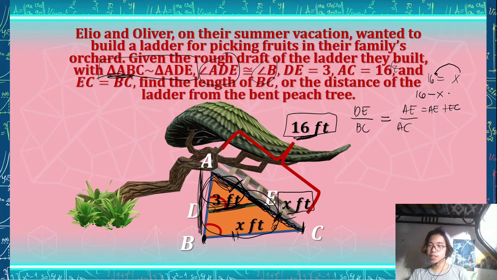That should give us 16 minus X for the value of AE.